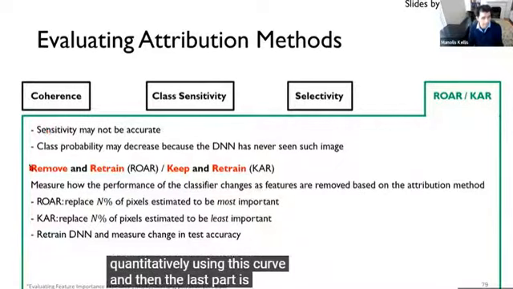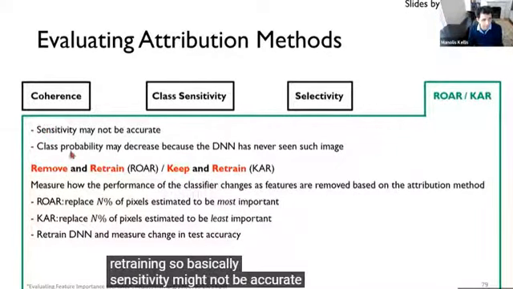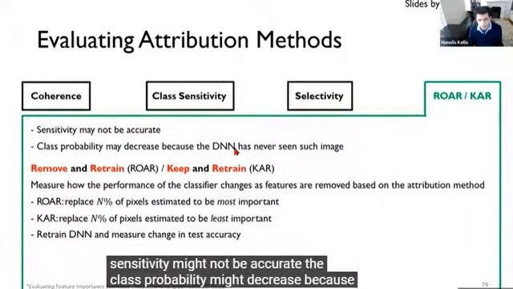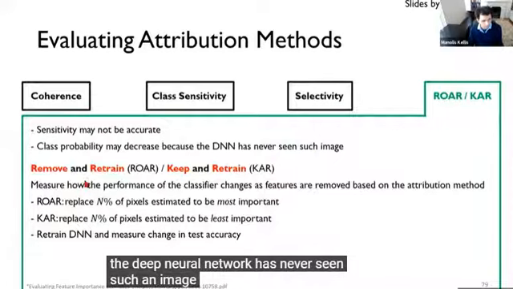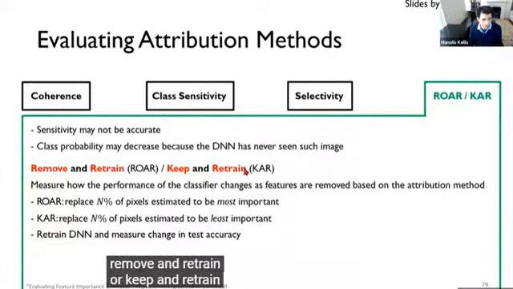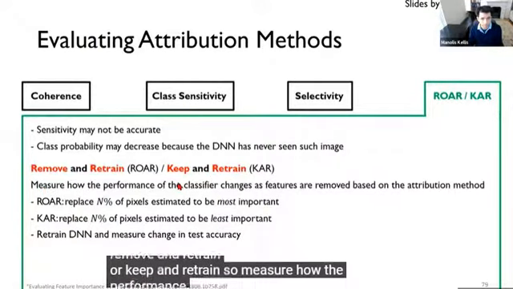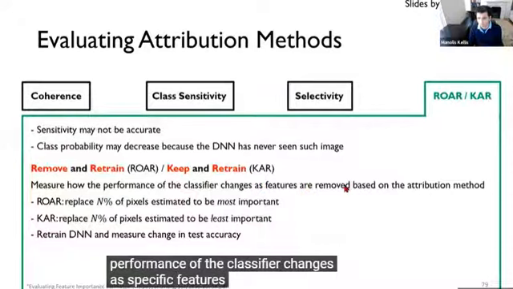And then the last part is removing and retraining. So basically sensitivity might not be accurate. The class probability might decrease because the deep neural network has never seen such an image. But instead, what you can do is actually remove and retrain or keep and retrain. So measure how the performance of the classifier changes as specific features are removed based on the attribution method.